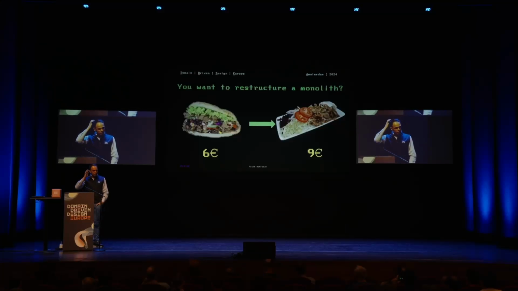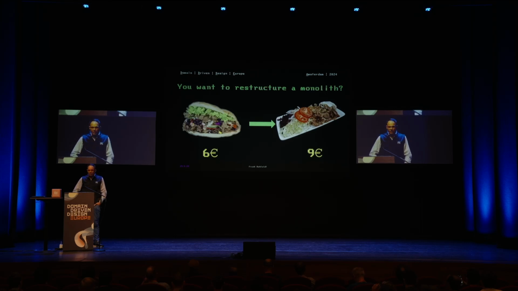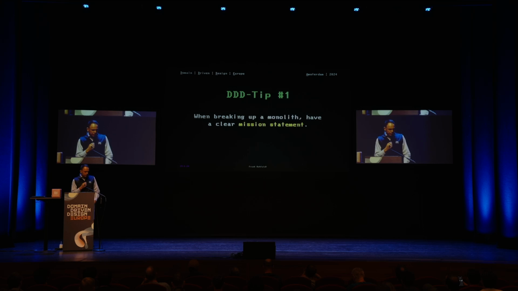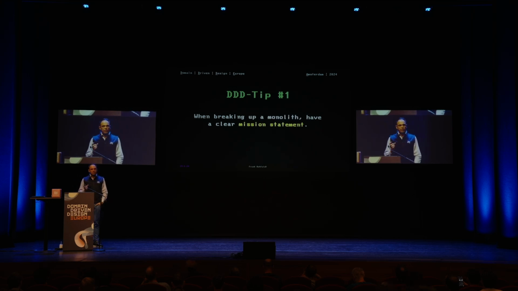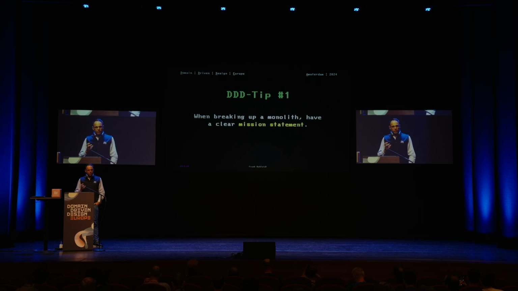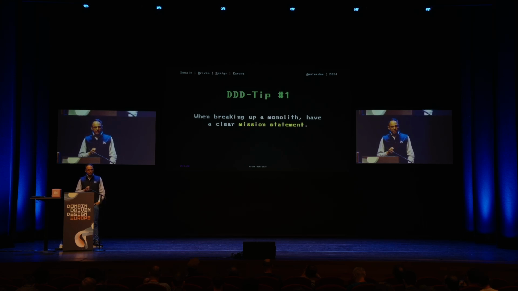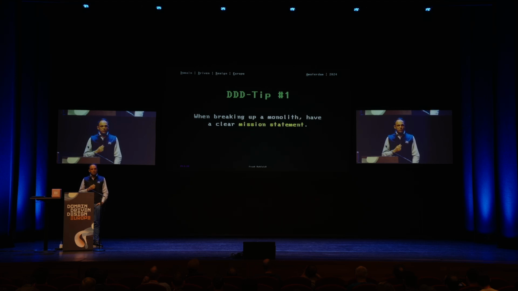And okay, my personal opinion is of no interest, but I would really like to give you a recommendation: if you are responsible for a legacy restructuring process, you should always have a clear mission statement of why you are doing this restructuring.